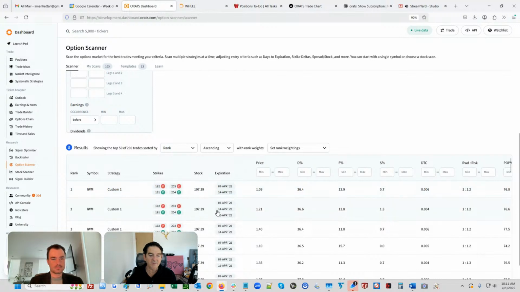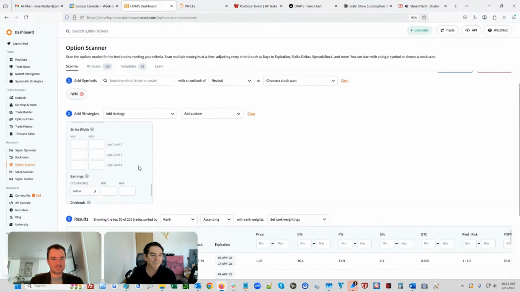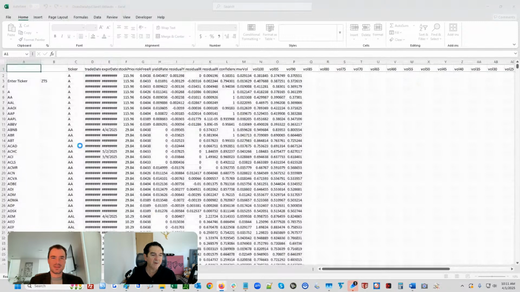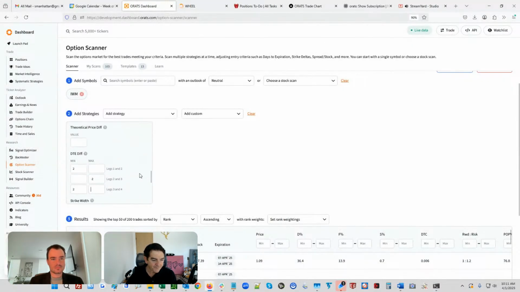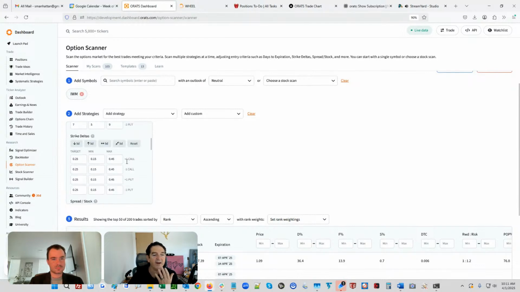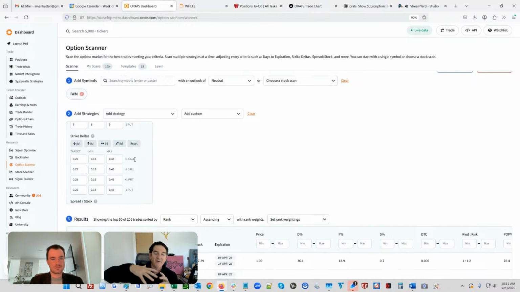We found some trades. Another thing that we may want to do is set the strike width. This is where you could say, I may want to have the long closer to the money or farther away. In this case, I want to do more of a farther away one, because if it goes up to it, both of them are going to increase in price.